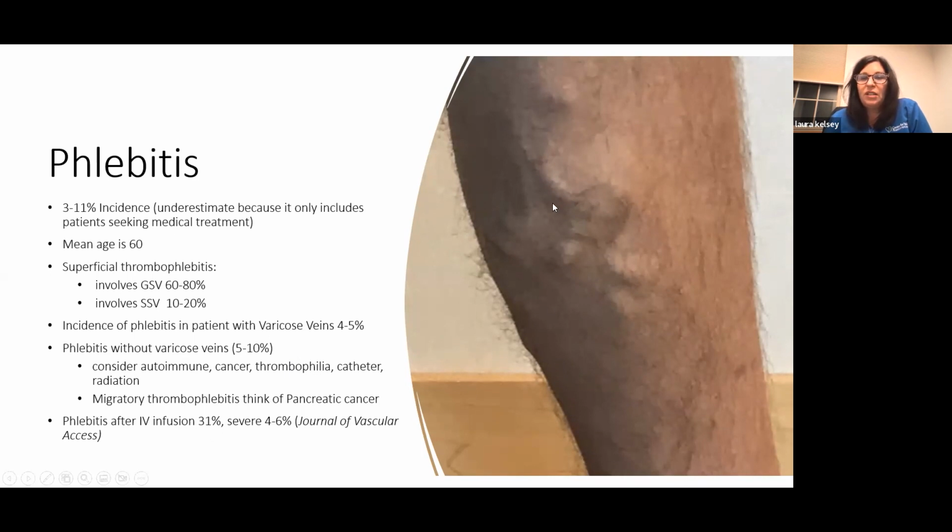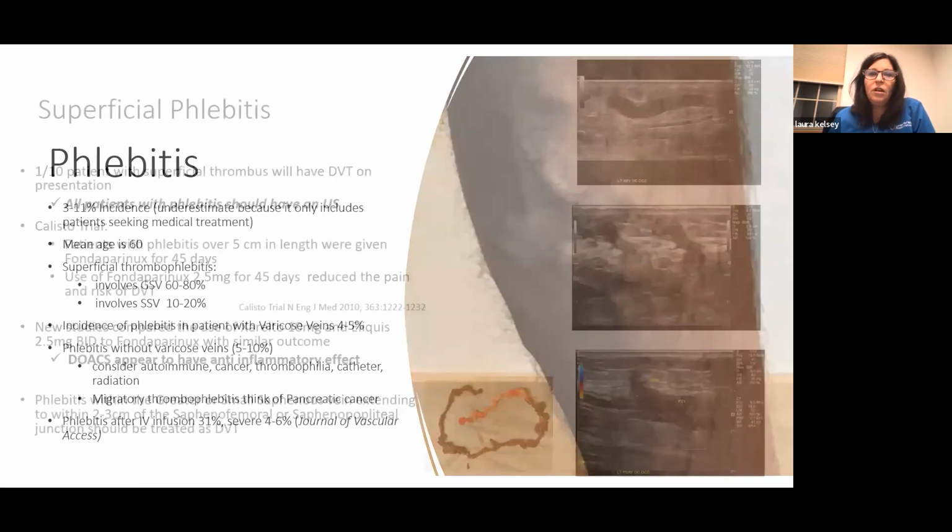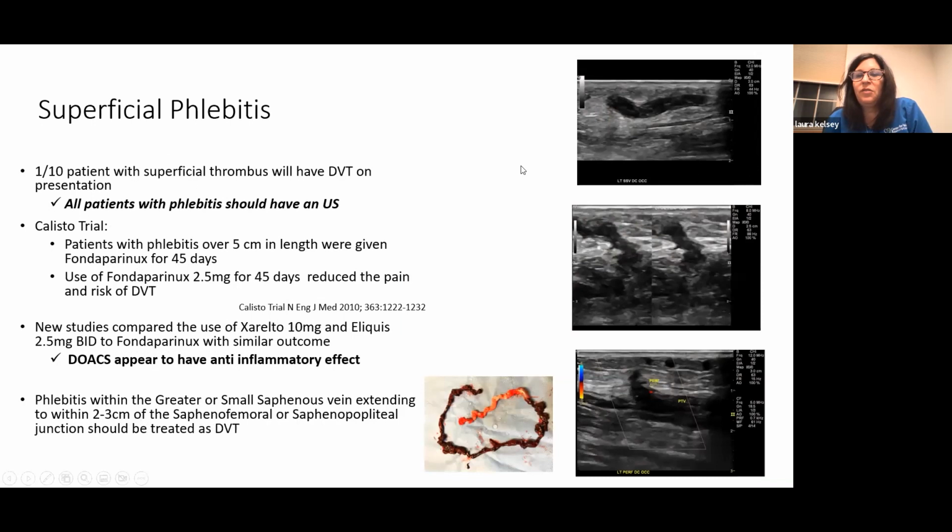So this is a patient that presented to me. He had phlebitis, and it wasn't really angry even. But 1 out of 10 of these folks has a DVT. So here's the phlebitis. Here it is going through the perforator. Here it is in the posterior tibial vein. And as Eddie recommended, treating these patients with segments over 5 centimeters in length is recommended.